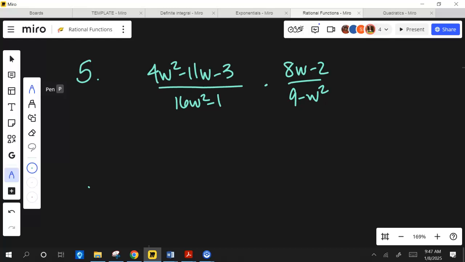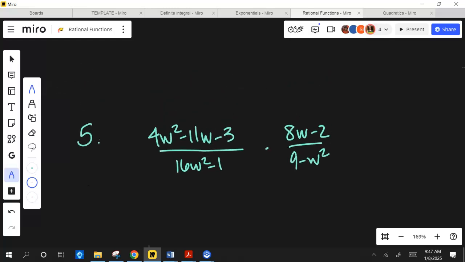We're going to start with factoring. We're going to factor everything that we can first, yes? What multiplies to negative 12w squared but adds to negative 11w? Negative 12 and 1. Now, can I shortcut this?